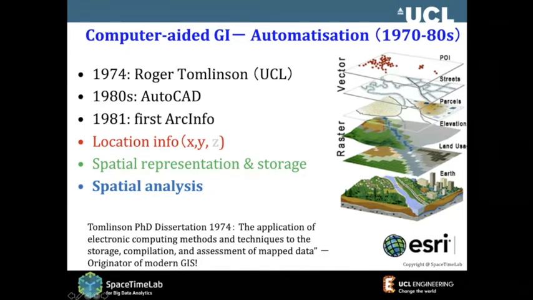Most of our information was two-dimensional, except terrain. We talked about representation, storage, and we used the term spatial analysis. I use red for the data, green for what we do, and blue for the term we used at that time.